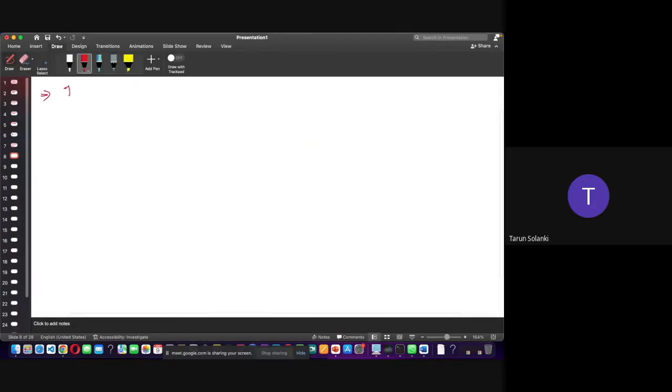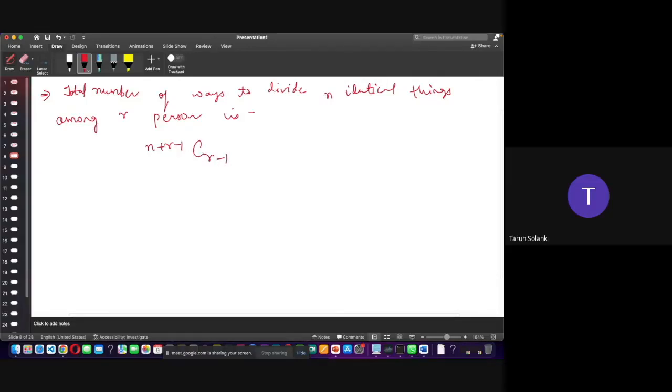Next is the total number of ways to divide n identical things among r persons. That will be (n plus r minus 1)C(r minus 1).